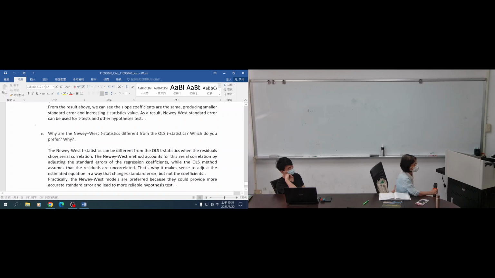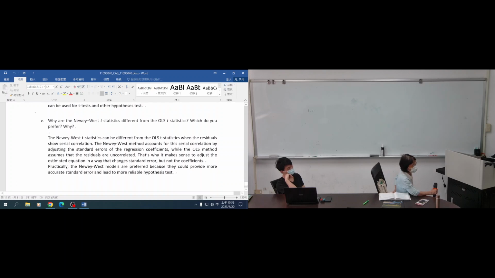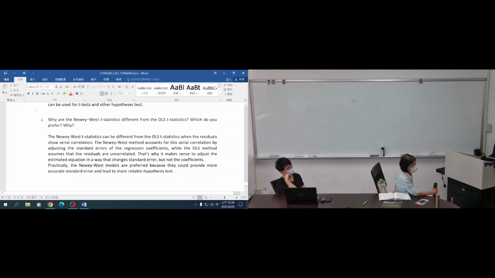Why is the Newey-West test statistic different from the OLS t statistic? Actually, I'm not really sure about this one, but the Newey-West t statistic can be different because the new method accounts for serial correlation by adjusting the standard error of the regression coefficient, while the OLS method assumes that the residuals are uncorrelated.